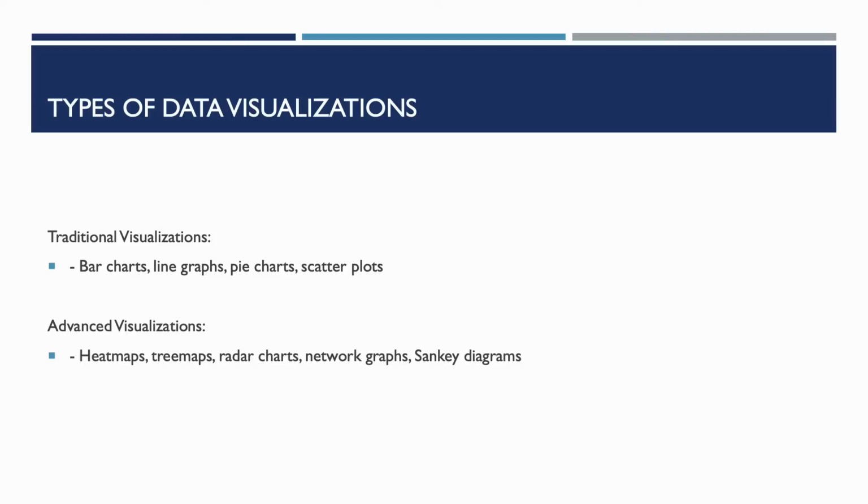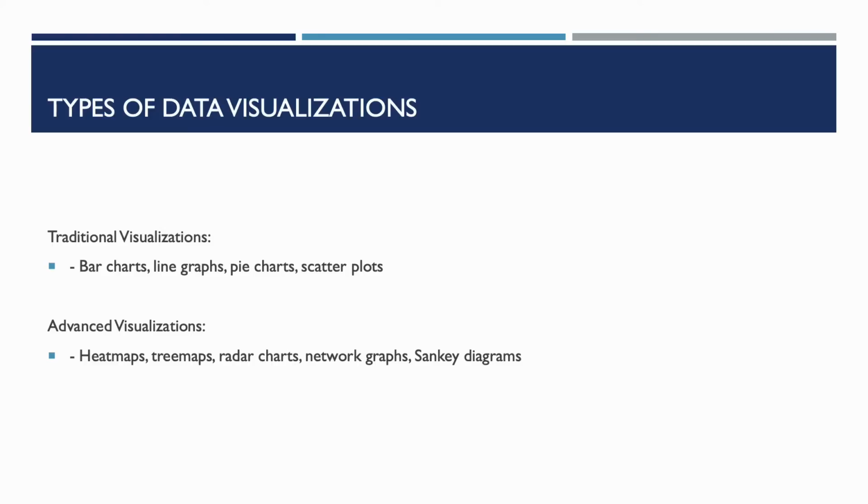Then scatter plots, which are extremely useful when you need to show the relationships or correlation between two variables. These traditional visualization methods are highly effective for straightforward data sets, but as data complexity grows, we need to employ more advanced techniques to gain deeper insights.